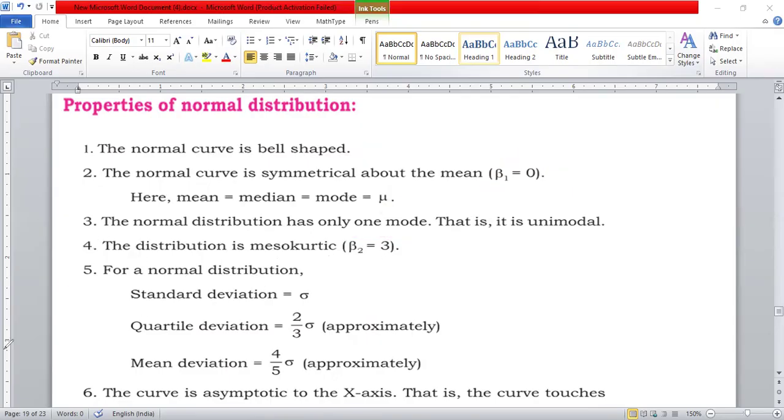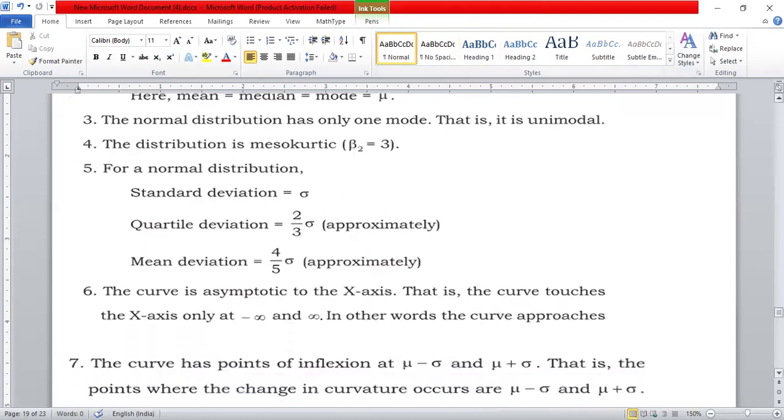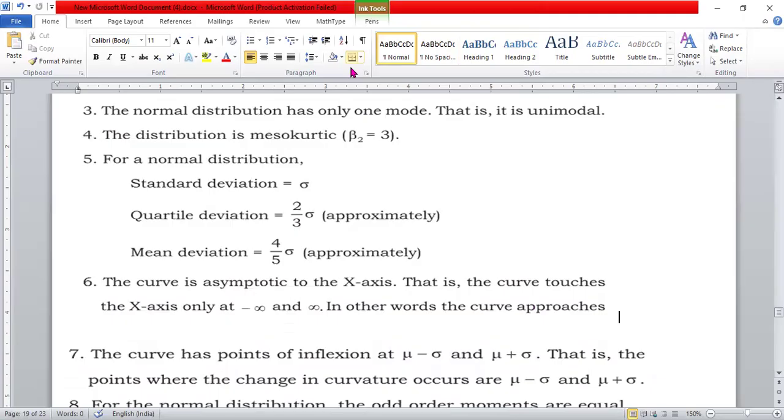Finally, the fifth property of the normal distribution: the standard deviation is sigma, the quartile deviation, that is QD, is 2 by 3 sigma, and the mean deviation is 4 by 5 sigma. These are approximate values.